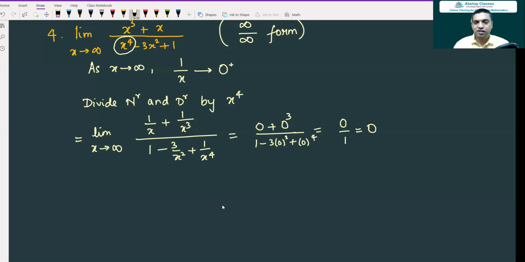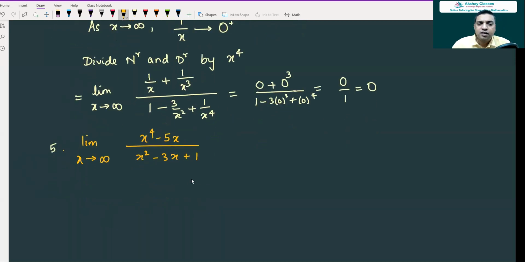So what is the logic now? So this is the question. Limit x tends to infinity, (x power 4 minus 5x) upon (x square minus 3x plus 1).